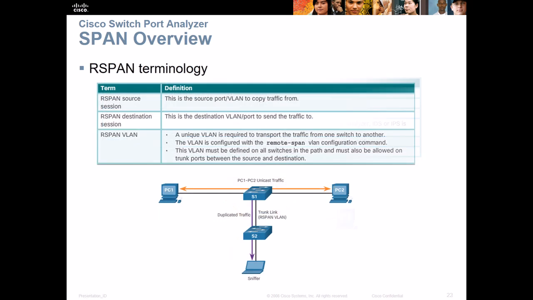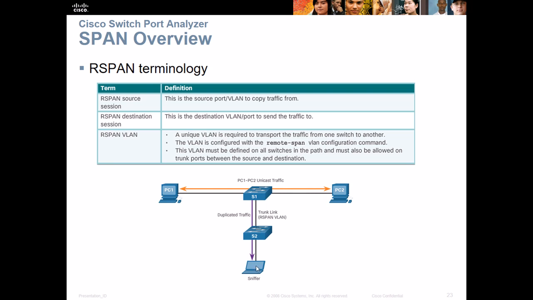Okay. And there is something called remote SPAN, which means the sniffer or the IDS is somewhere else. So you can set these up as SPAN ports, and they don't have to be on the same physical switch. This is a SPAN port, so that information has to be sent across the trunk to get to the other switch where the sniffer is.